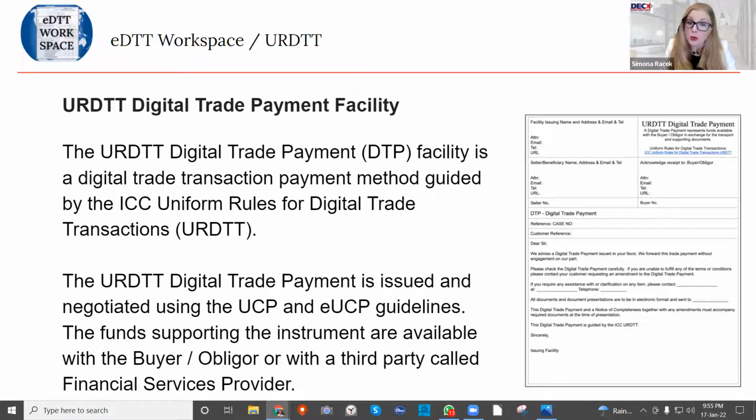The funds supporting the instrument are available with the buyer, the obligor, or with a third party called a financial service provider. The digital trade payment is issued in the universal SWIFT MT700 format using the same SWIFT field definition as it is used with a letter of credit.